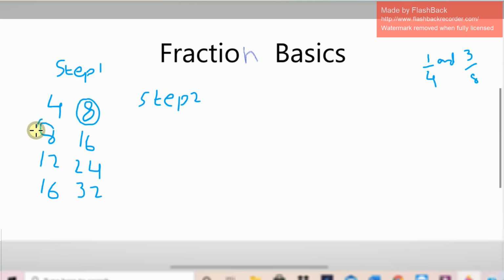So this would be our common multiple of both. So 8.